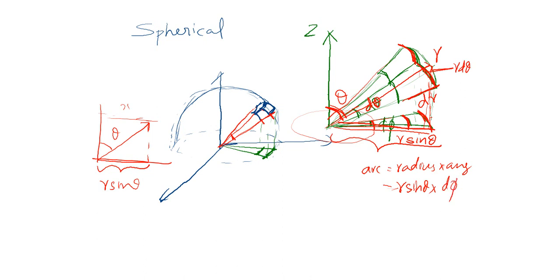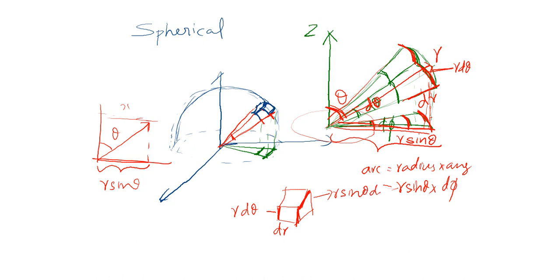Okay. So we got an approximate cube with the length, height, and width as follows. This is dr, this height is r d theta, and this width is r sin theta d phi.